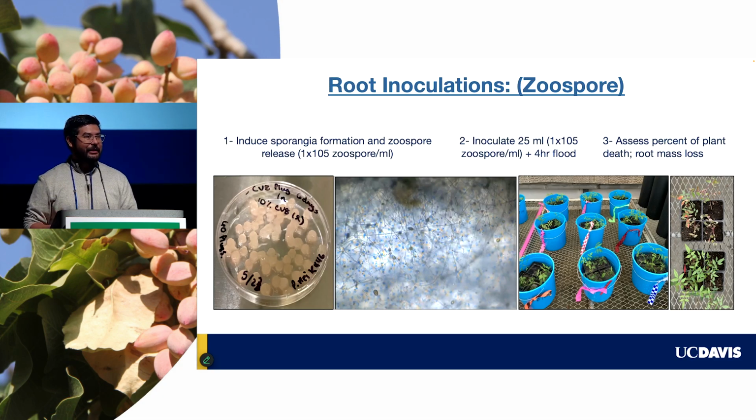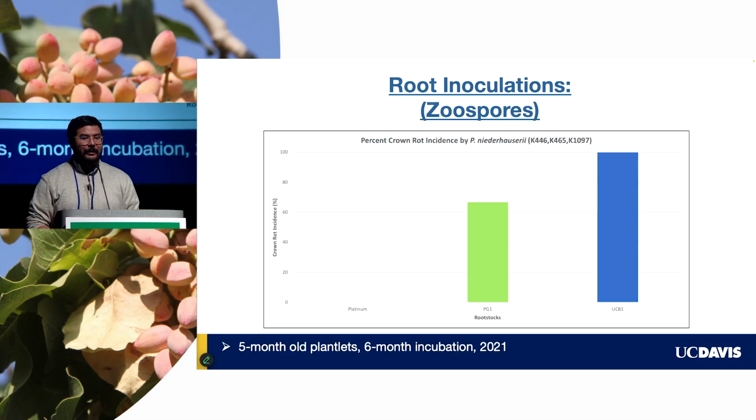And in order to simulate an infection cycle that's more natural to what we see in the field sites, we also did inoculations affecting the roots using these Phytophthora propagules, these swimming spores, these zoospores, and then assessing the plants for plant death, crown rot lesion, as well as percent loss of root mass. And once again, I won't go through all the data we've collected, but share the take-home message.